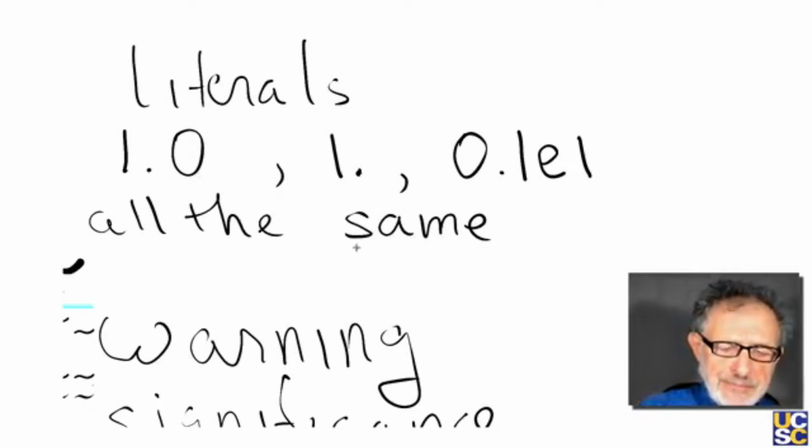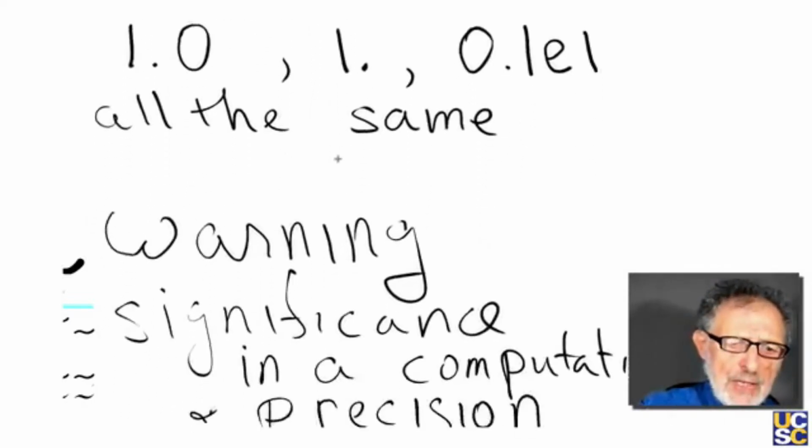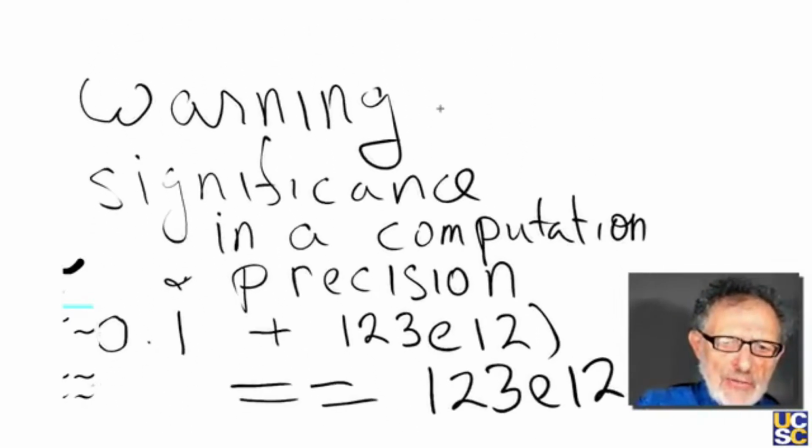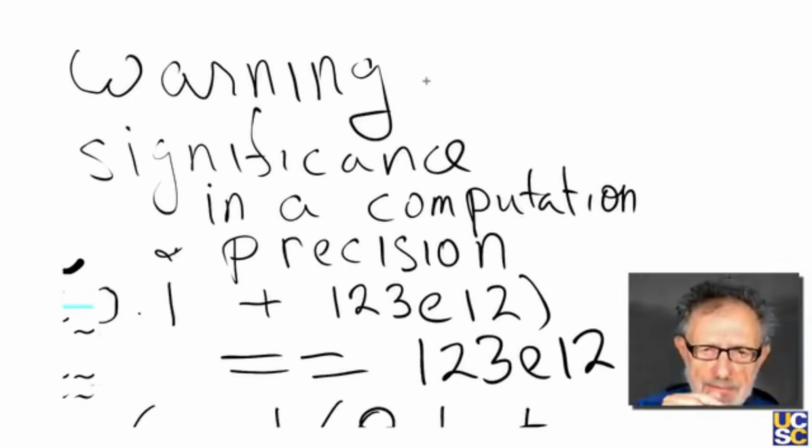Now, it's important to understand that significance is critical in a computation. When you're dealing with these numbers, they are not like real numbers from mathematics.